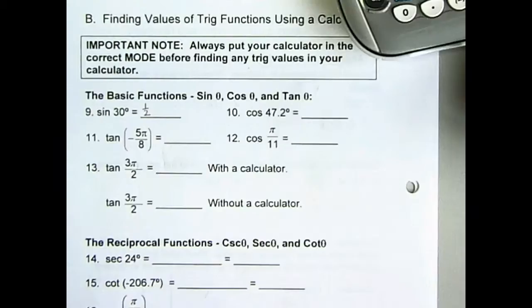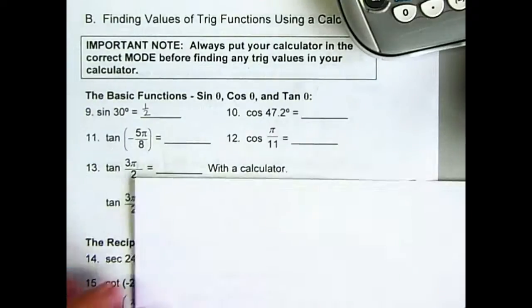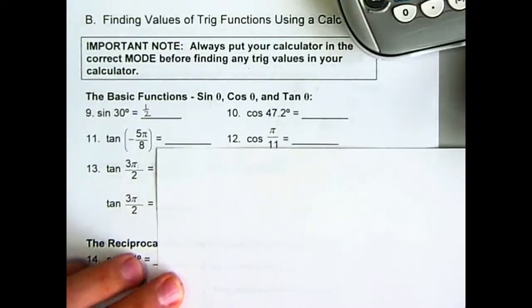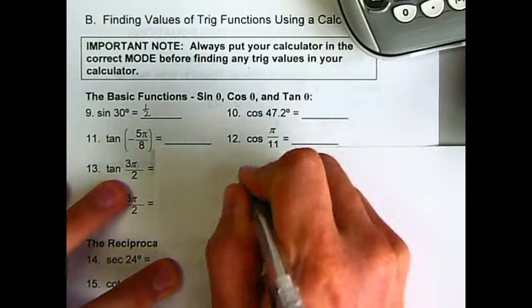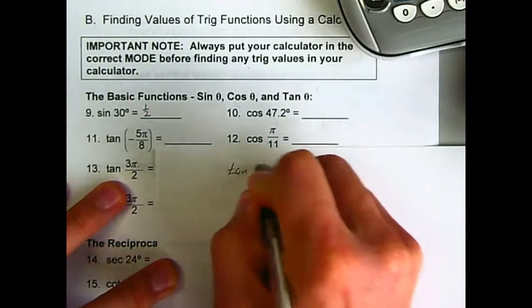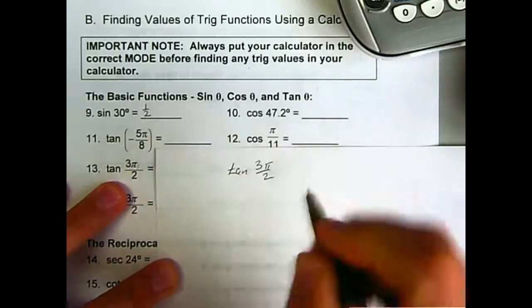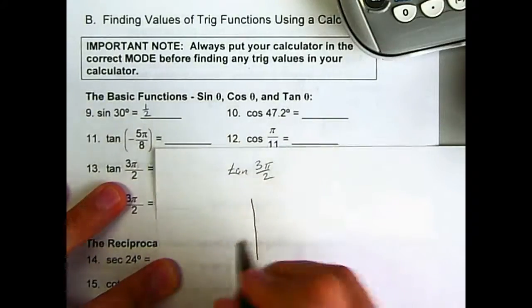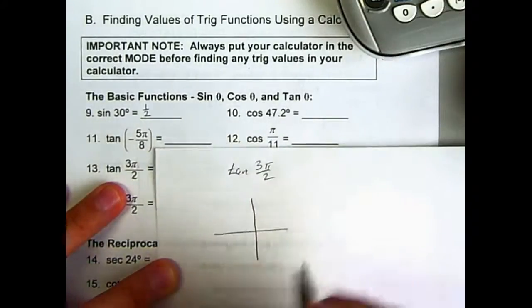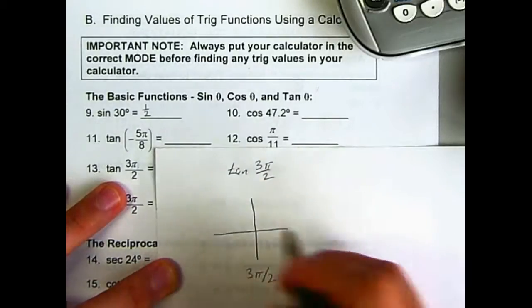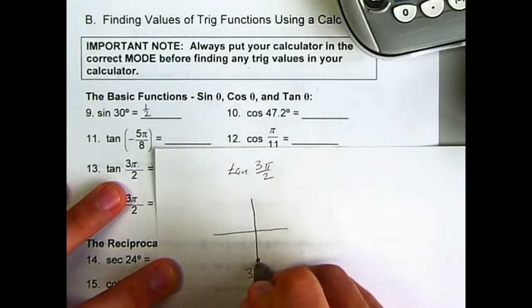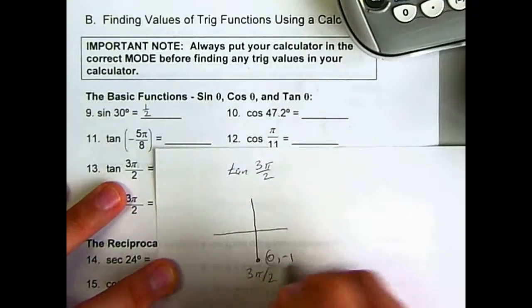To figure out what's going on, we want to take a look at what we're actually asking the calculator to calculate here. So if I look at the picture, tan of 3 pi over 2, let's draw out where 3 pi over 2 is down here. On my circle, this is going to be the coordinates of 0 and -1.